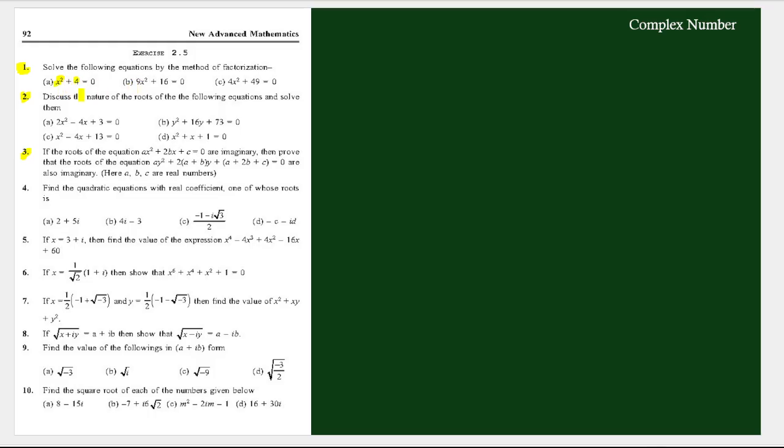You can use the a plus b whole square formula here also. 3x, then we have 16. No, we cannot. Take +4 to the other side and it becomes minus.